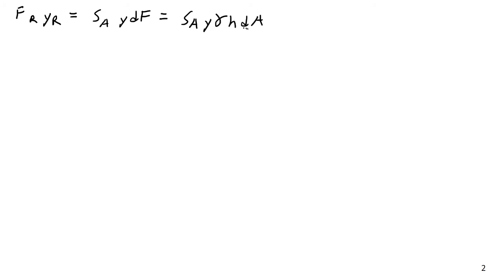Here I'm just applying the integral. And this is then equal to the integral of y gamma times, replacing the h with y sine theta, dA, and then this is equal to the integral of y squared gamma times sine of theta dA.